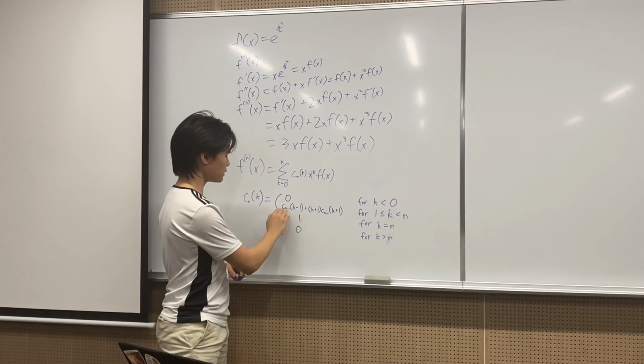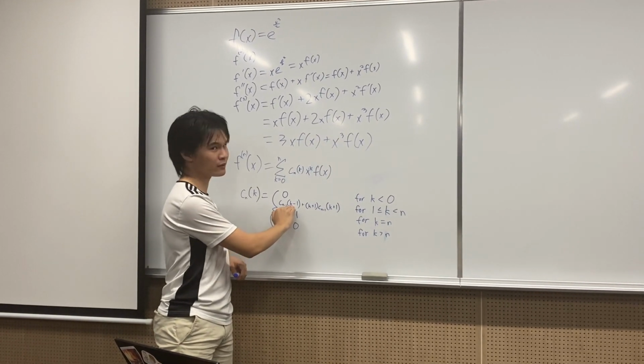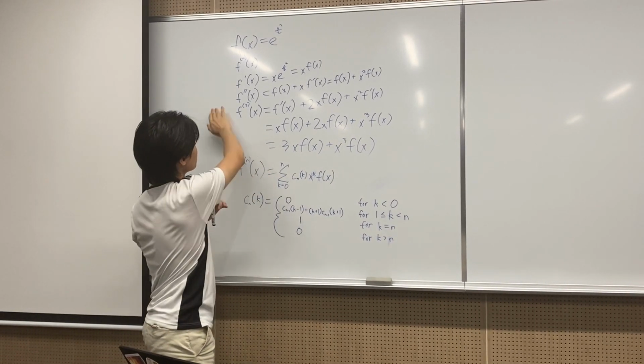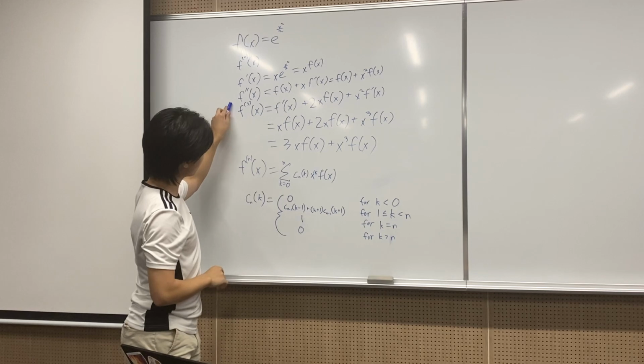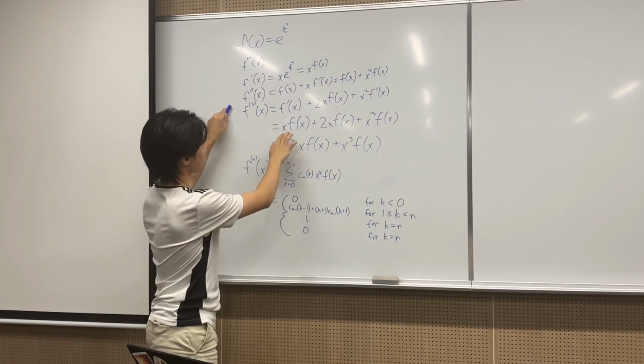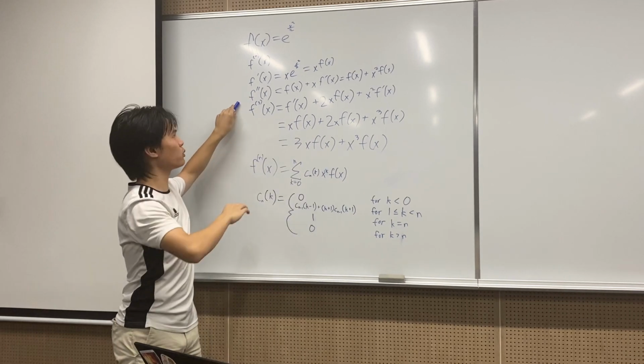So the c sub n minus 1 of k minus 1, c sub n minus 1 refers to the previous derivative. And then the k minus 1 refers to the order of the exponential, like right below it.